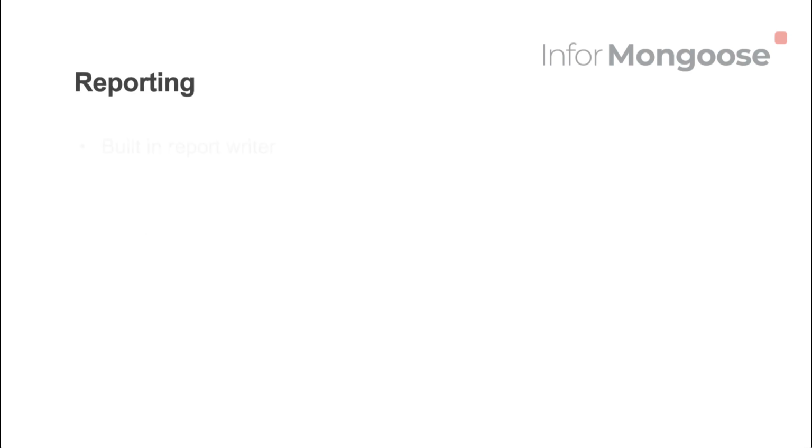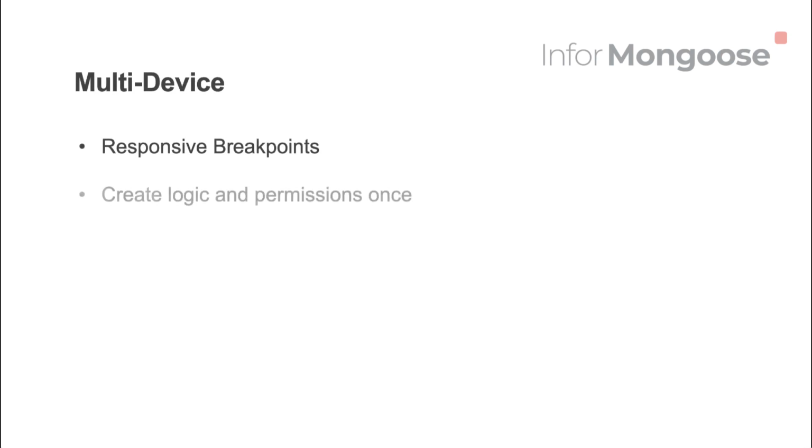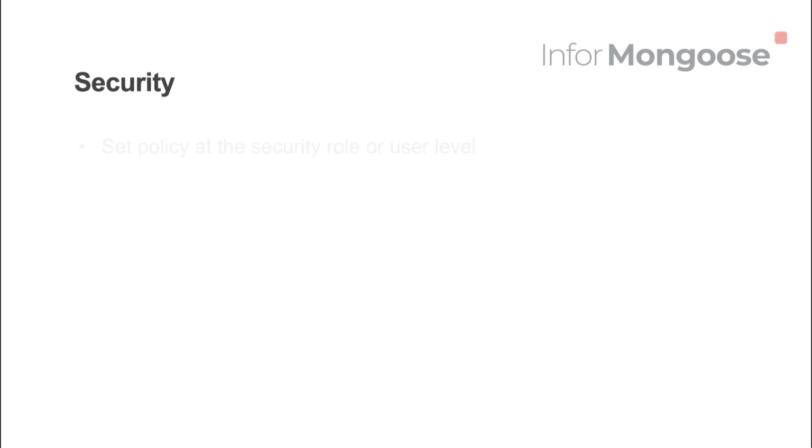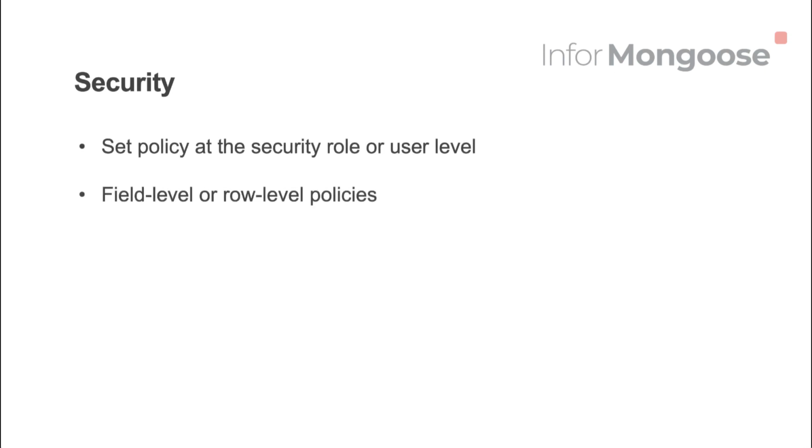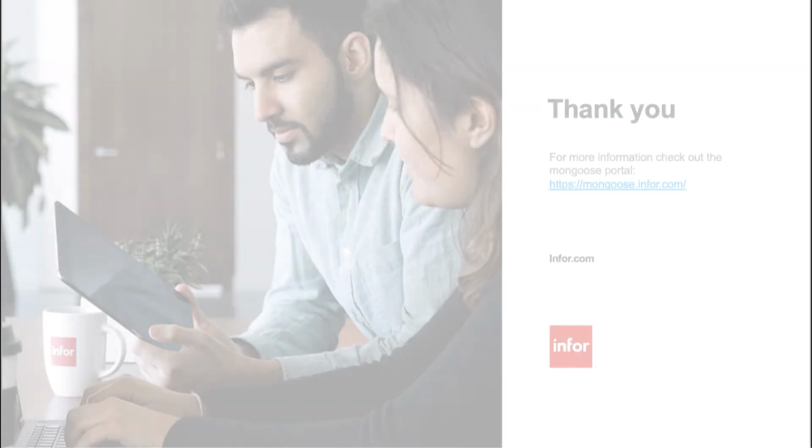Reports in Mongoose can easily be generated using its built-in report writer. Responsive breakpoints allow you to design for different devices when used in conjunction with flex forms, allowing you to create your core logic once as the form adapts to different devices. Mongoose has security where you can set policies at the security role or user level for forms and IDOs. Policies can also be set at the field and row levels.